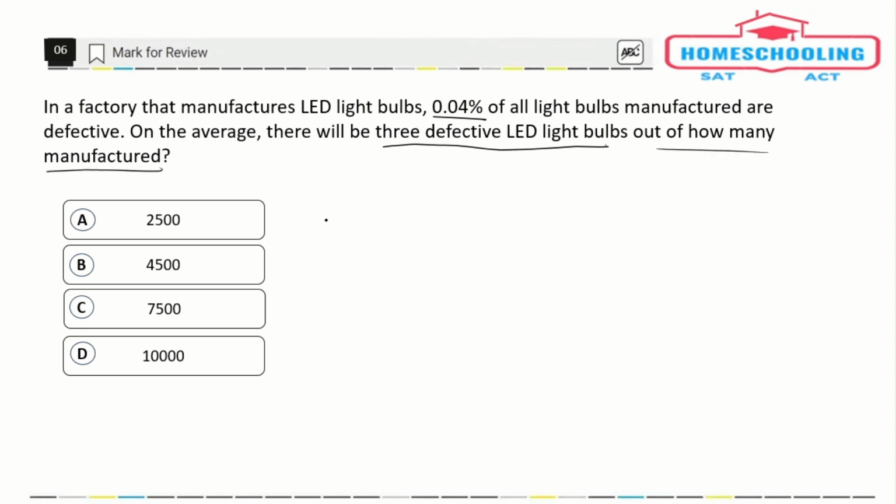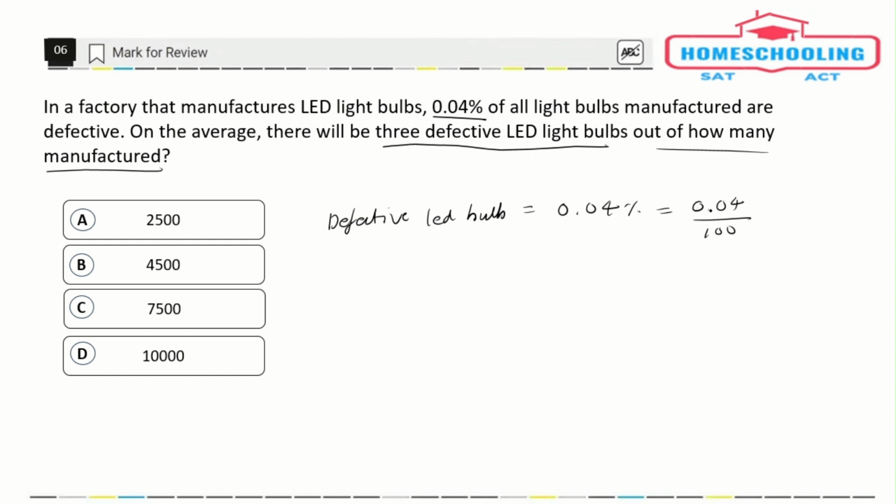So defective LED bulb is 0.04%. We can write percent as 0.04 into 1 by 100, that would be divided by 100.